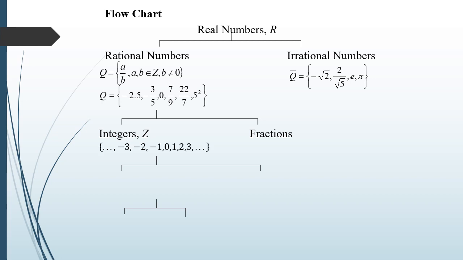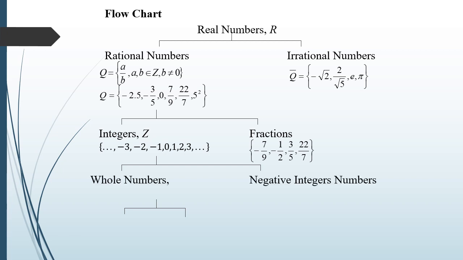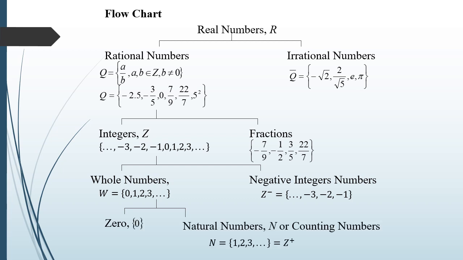And then the integers we can separate into two: the whole numbers and the negative integers. And the whole numbers we can separate into two: the natural numbers and 0. Okay, so this is how we categorize all the numbers in the real numbers.